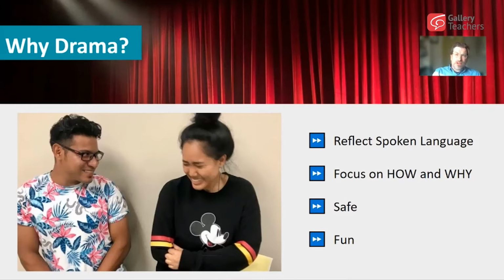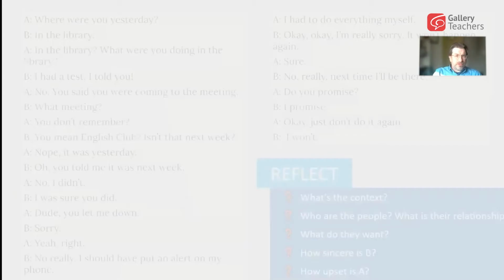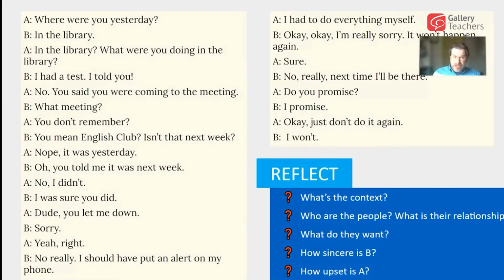So let's take a look at how you might incorporate drama into the classroom. Now, this is a short script written for English language learners. And now in the classroom, I would have students first read it. We would go over the vocabulary and the grammar, make sure they understand everything.